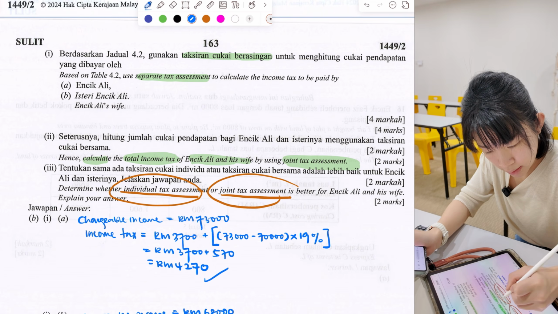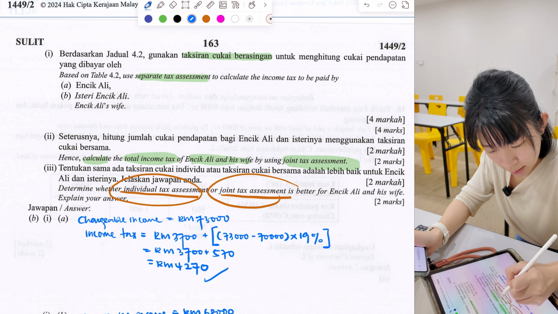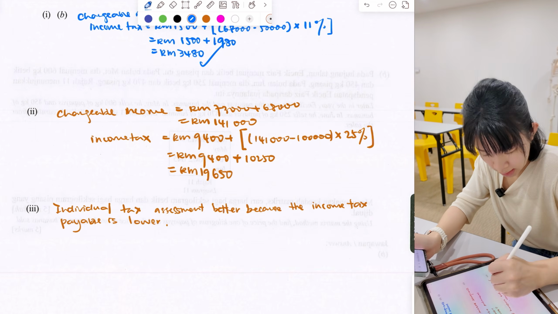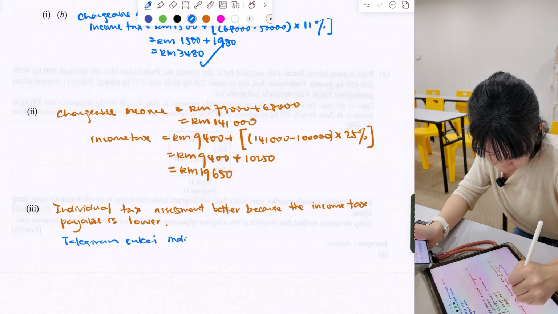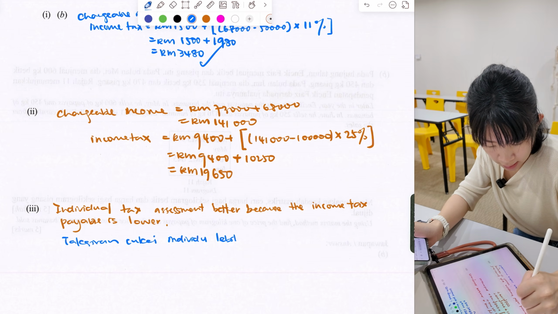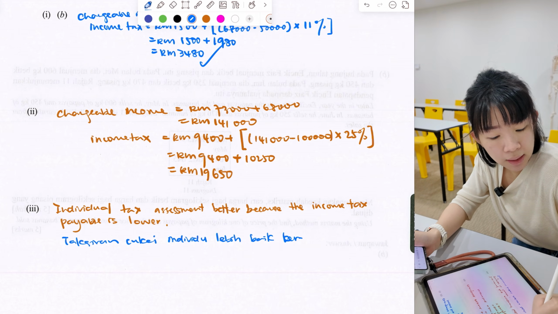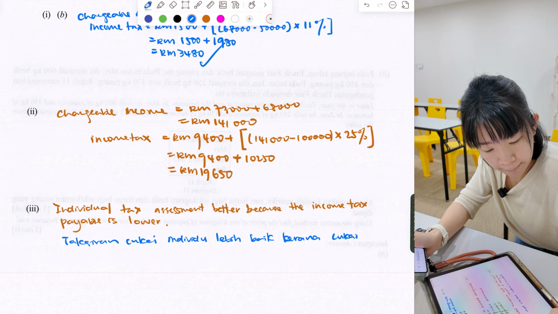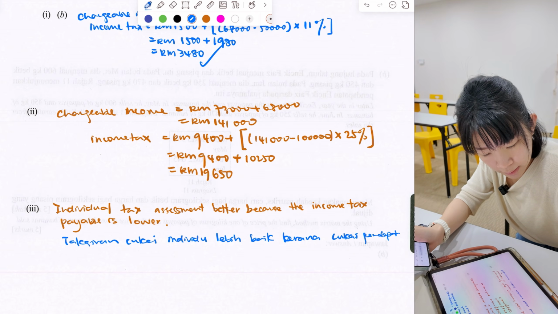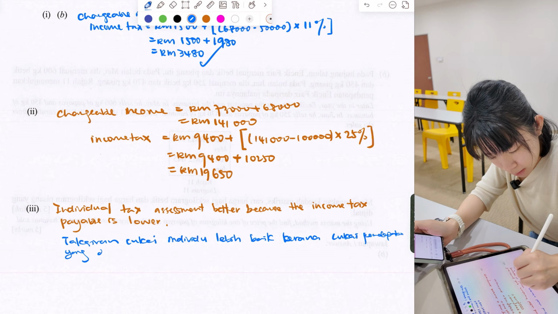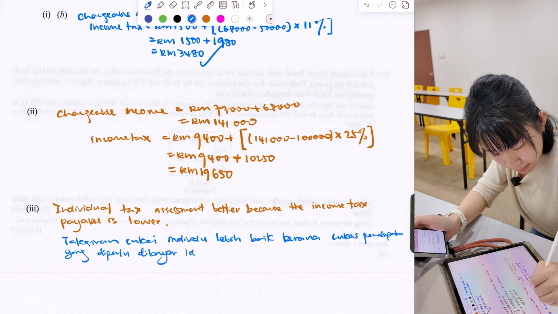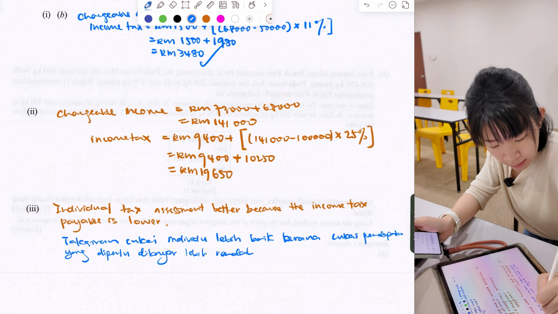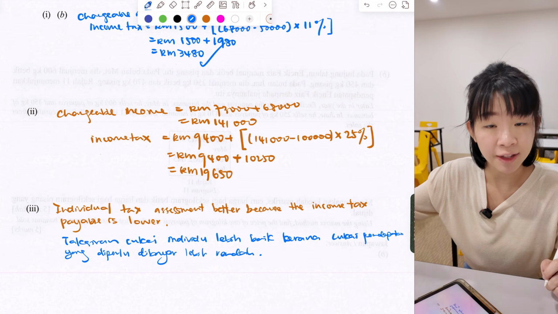Tafsiran cukai individu lebih baik kerana cukai pendapatan yang perlu dibayar lebih rendah. Nobody wants to pay expensive tax, correct?